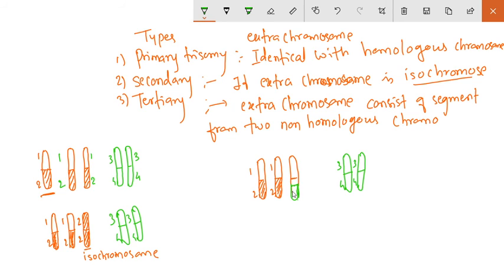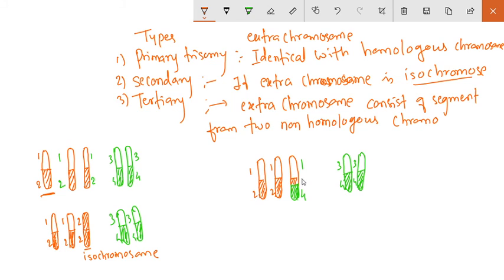So this additional chromosome is from another chromosome. This part of the fourth chromosome is attached here. So it has only one part of this 2, and it has the additional part, which is the 4. So it is known as the tertiary trisomy.